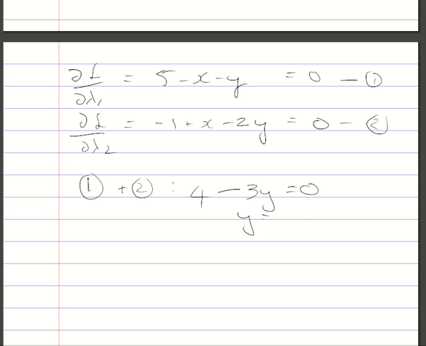And so you get a very easy answer for y. And of course, we then have from, say, equation 1, 5 minus x minus y is equal to 0, so 5 minus x is equal to y, so x is equal to 5 minus 4 over 3, which is 3 2/3.